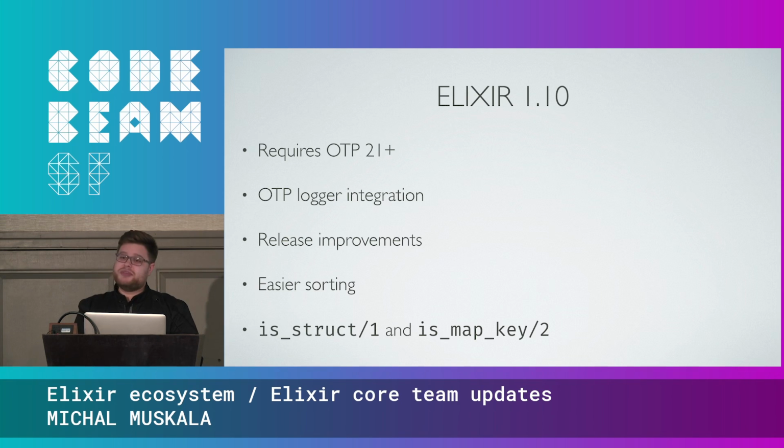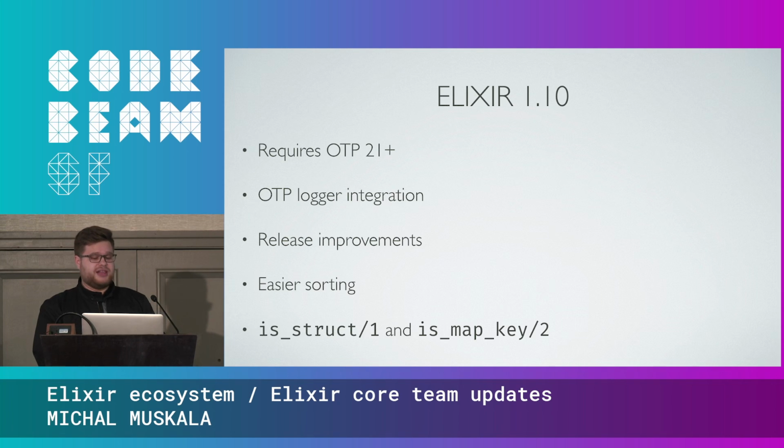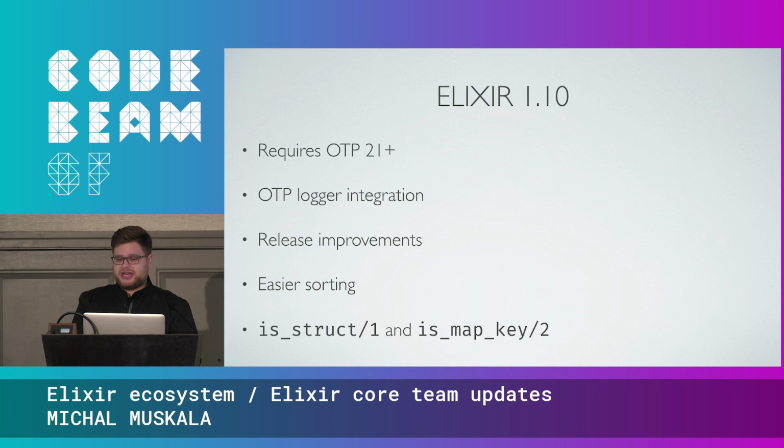They are different APIs for the same system. The integration in 1.10 is still relatively shallow. While you have the same metadata, the same log level, the same messages, the APIs are still different. Elixir 1.11 will unify those APIs a bit more.